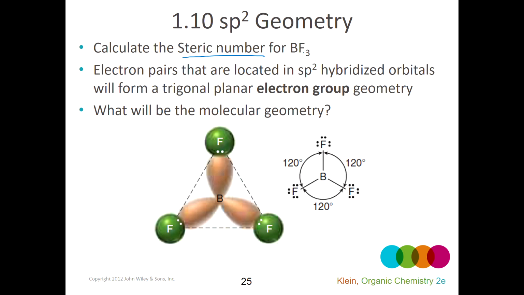But for BF3, boron is in column 3A, fluorine is in column 7A, so that's 24 total electrons. And when I put the boron in the center and the fluorines on there, with those 24 electrons, I have just enough to complete the noble gas configurations for the fluorine, but not for the boron.